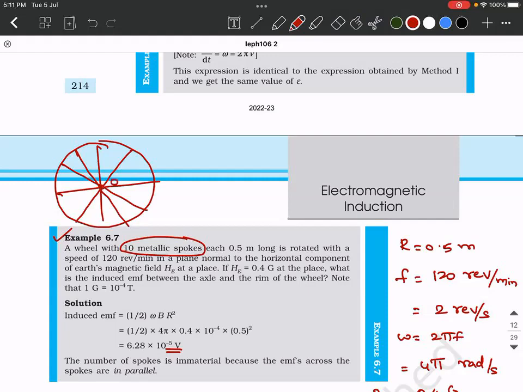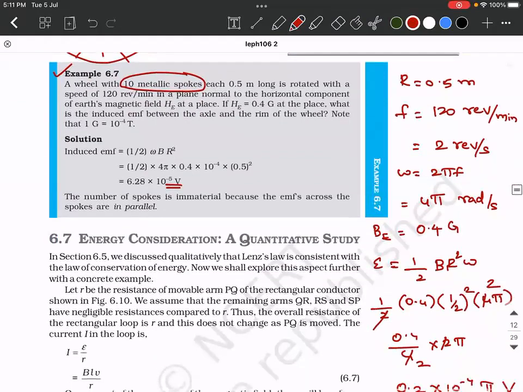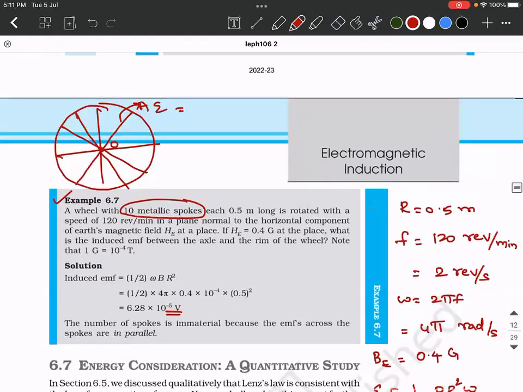So between the center and the point A, what happens? The EMF generated is 6.28 into 10 power minus 5. Now, OA and OB are parallel to each other. Same is the case with OC also.